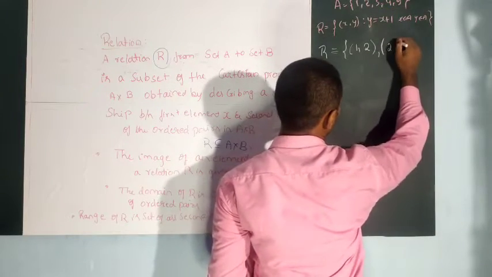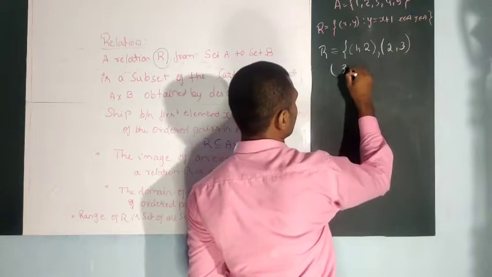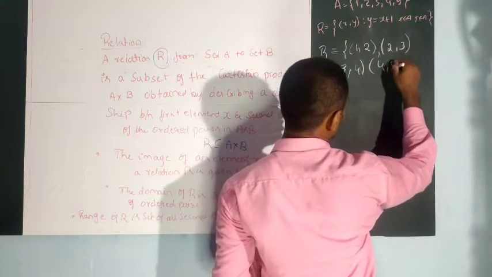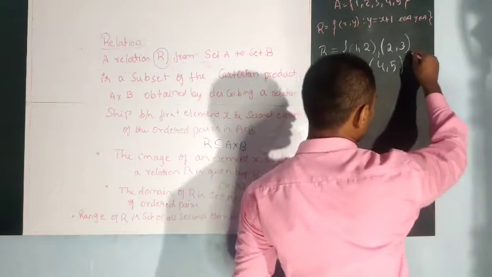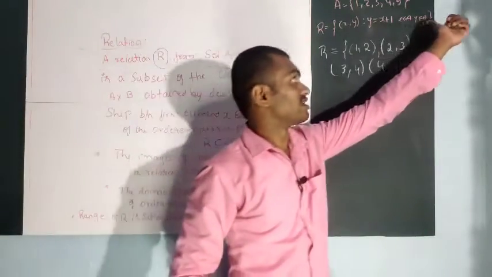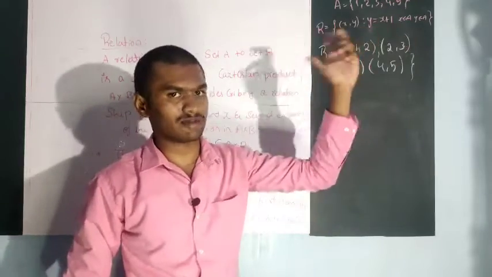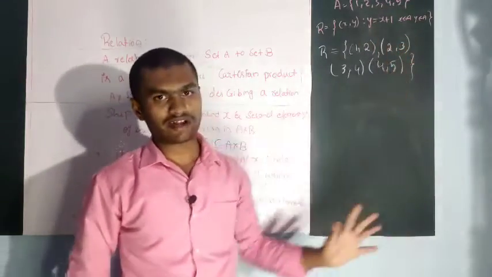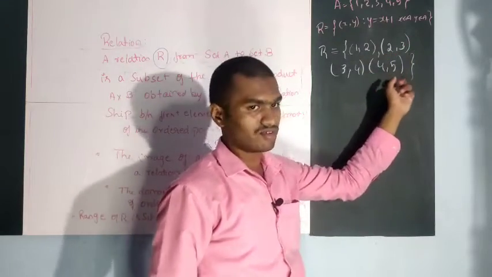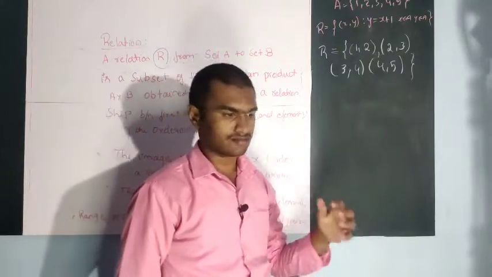Then we get 2 plus 1 is 3. Then 3 plus 1 is 4. Then 4 plus 1 is 5. 5 plus 1 is 6, we can't take it because 6 is not in A. So y does not belong to A, and I can't write that. So (1, 2), (2, 3), (3, 4) and (4, 5) are the elements of this relation.